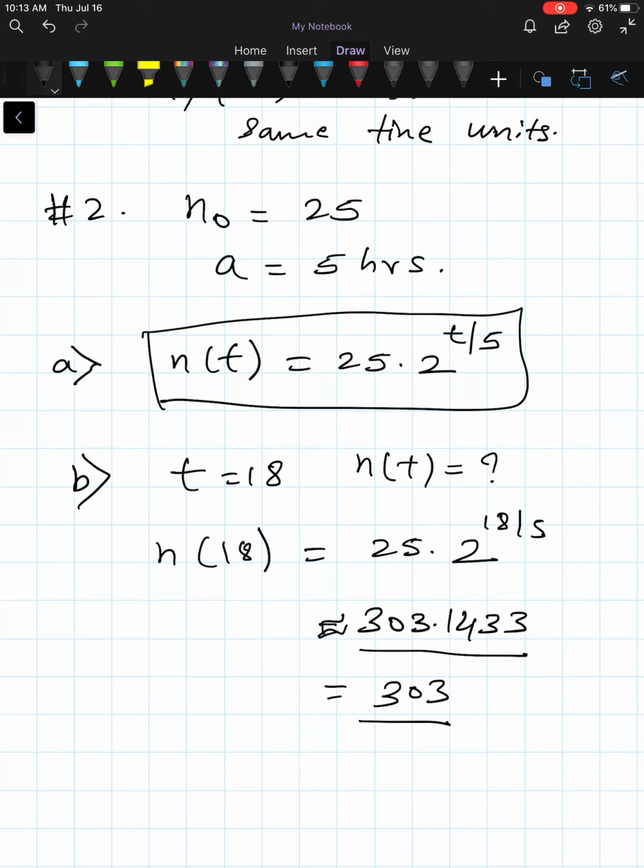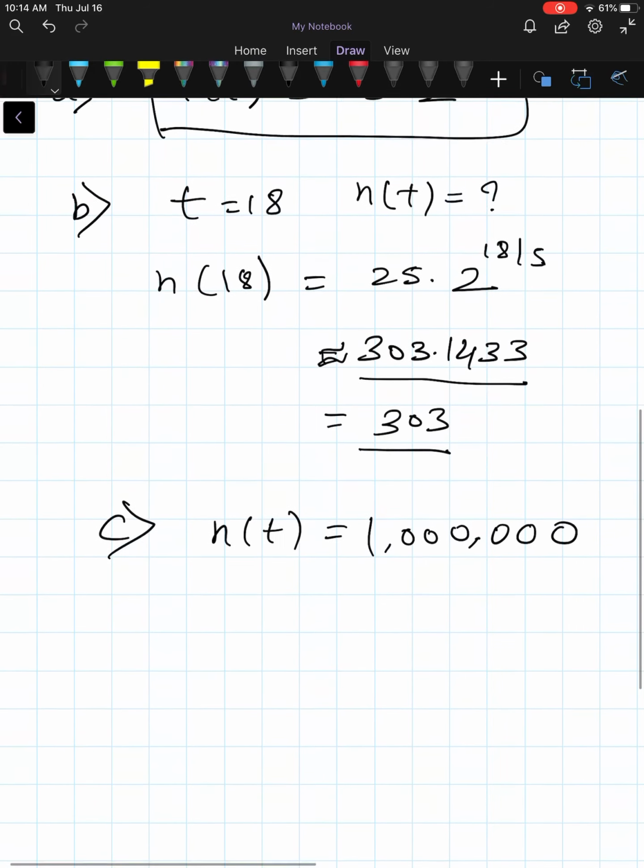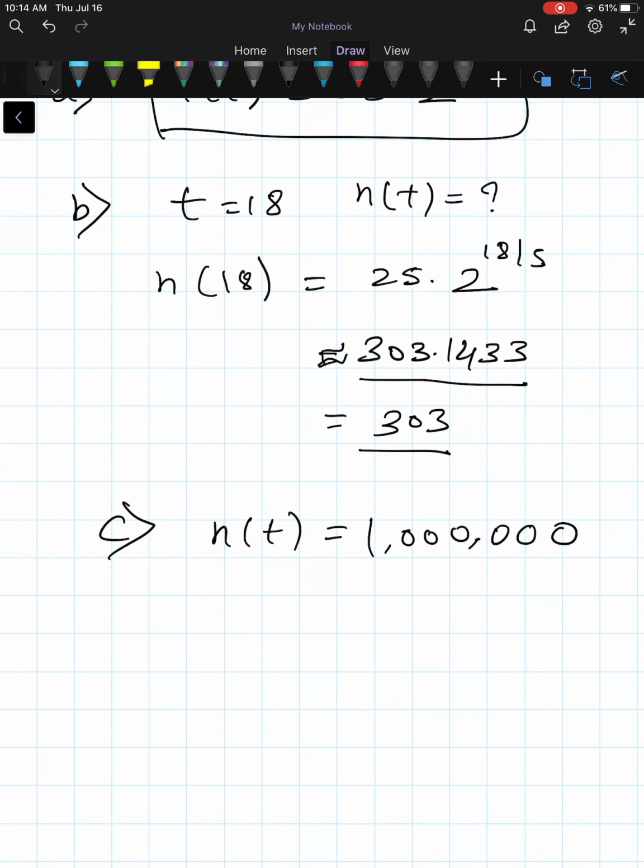Next, you are asked to find after how many hours the bacteria count will reach 1 million. So for N of t equal to 1 million, we have to calculate t.